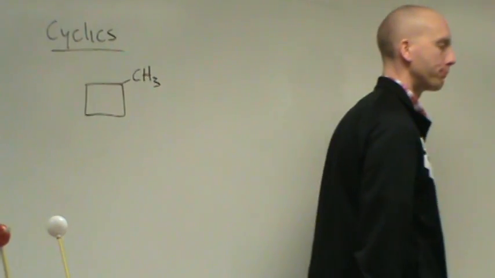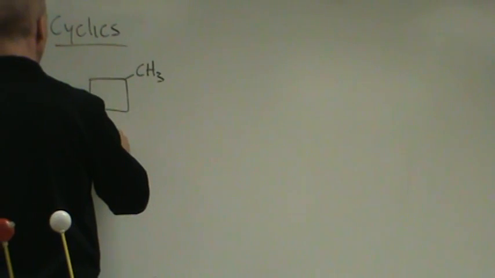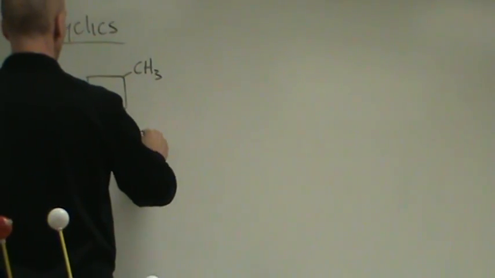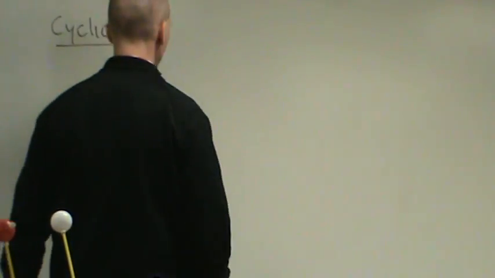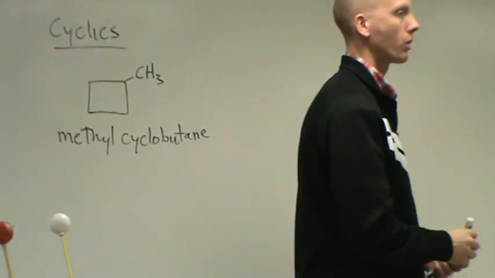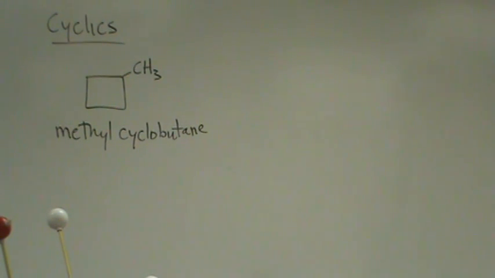Here we have what kind of branch? Methyl branch. So we simply put the branch in front of the ring. So we have methylcyclobutane.